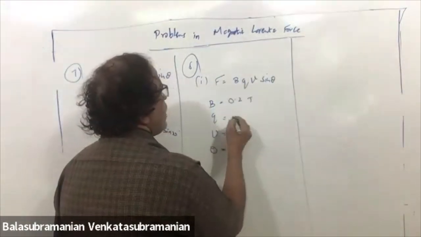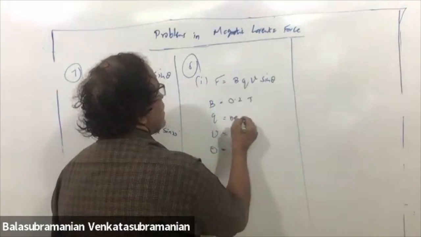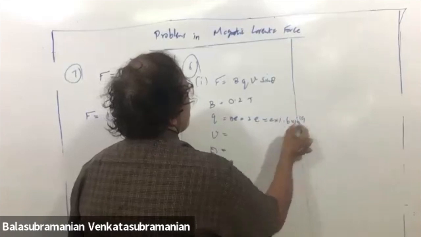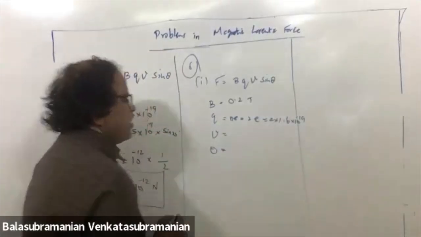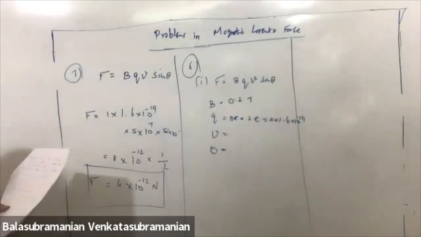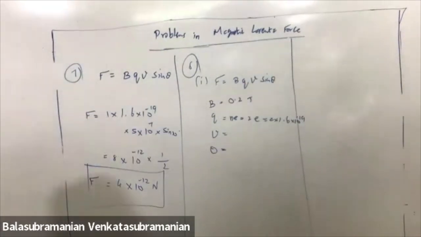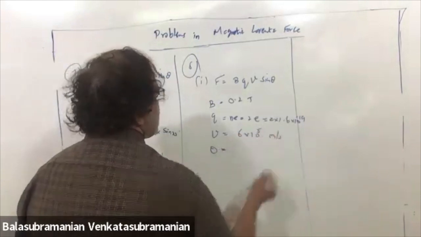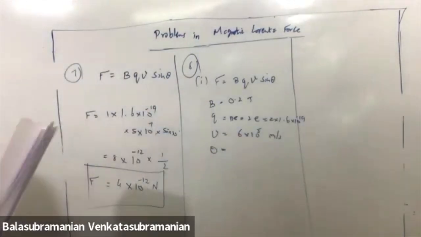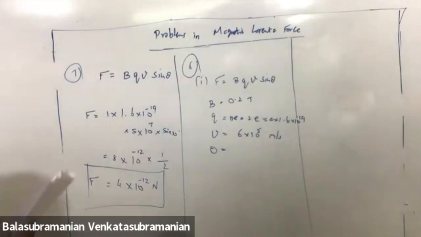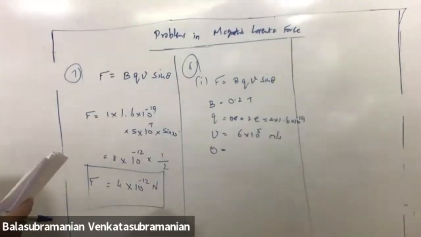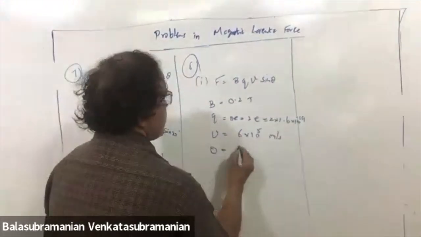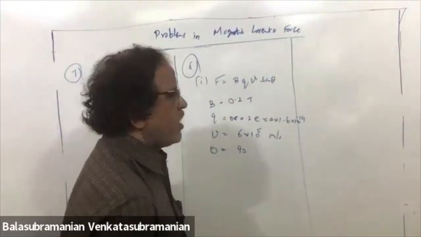Q is for the alpha particle, that is 2e, 2 into 1.6 into 10 power minus 19. Velocity given is 6 into 10 power 5 meter per second. Theta value is not given. Not given means moving perpendicular, so theta is 90.